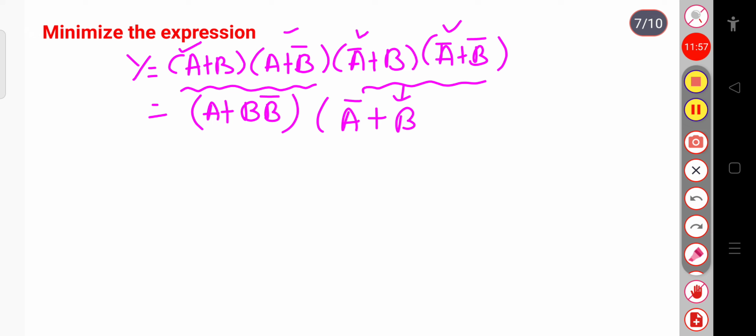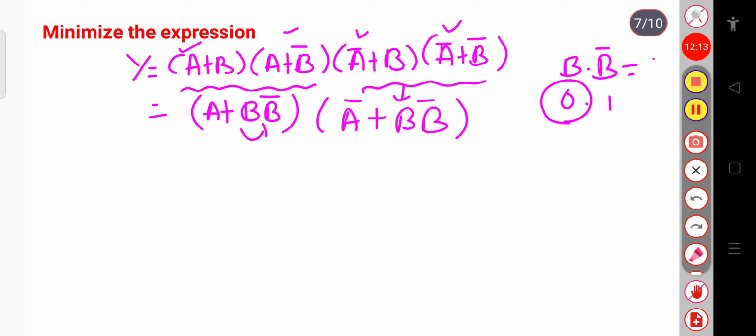So b into b bar: when you are multiplying b with b bar, it means one is 0, the other is 1. If any of the inputs is 0, then in the AND operation you will get 0. Since one is the conjugate of the other, you will definitely get 0. That is why this term goes to 0.